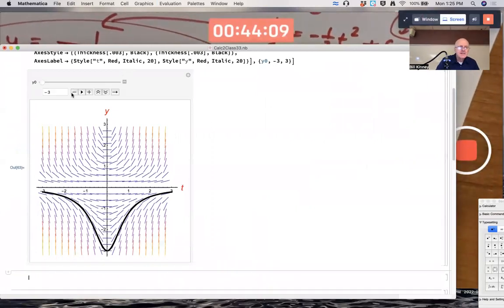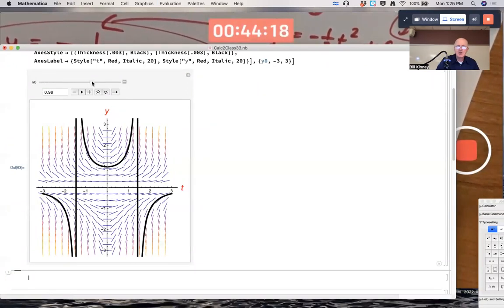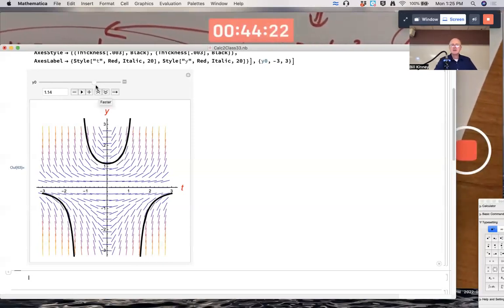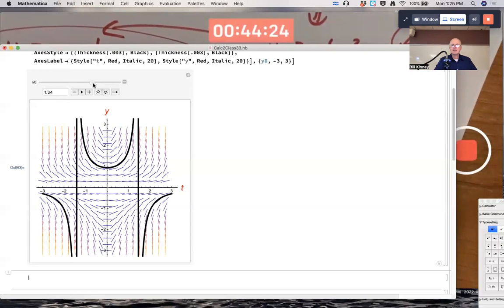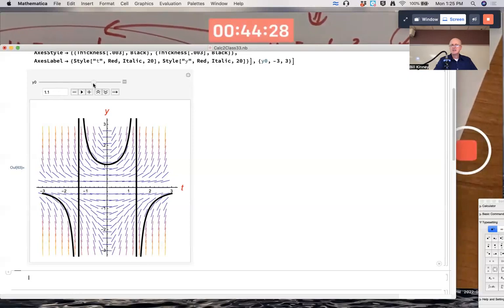It's at -3 right now, but if I move the slider, I can change the initial condition, and I see a bunch of solutions. And notice if y naught is positive, the solution right up here looks like this. When you see those vertical lines, it seems like it's got vertical asymptotes. Mathematica is just connecting the dots.